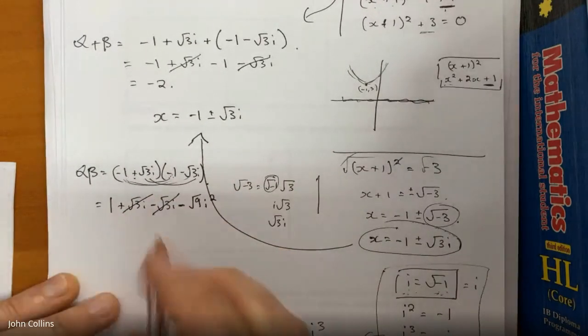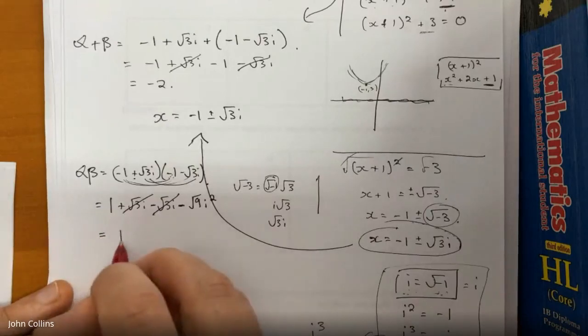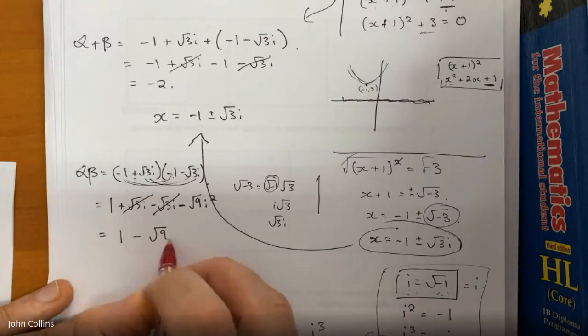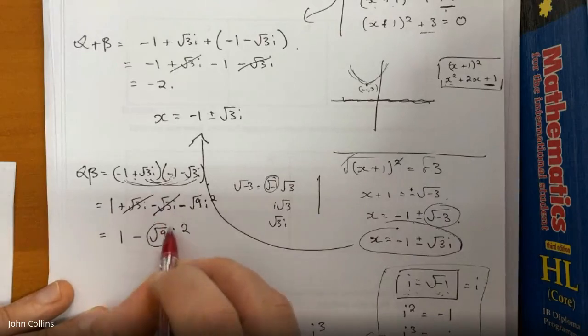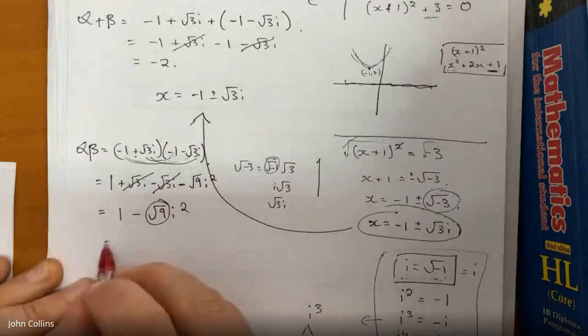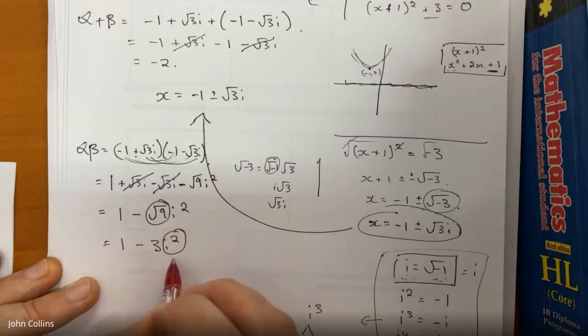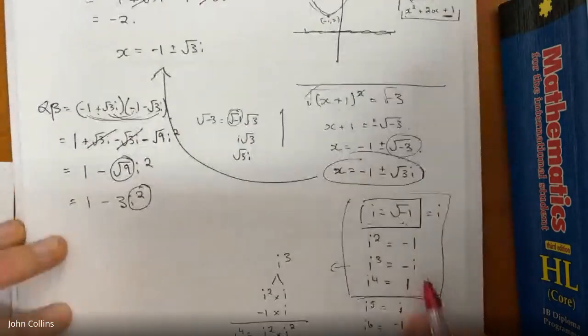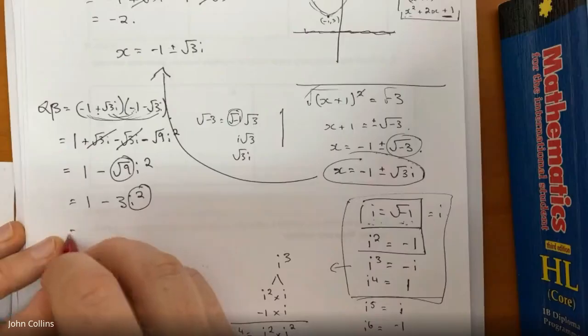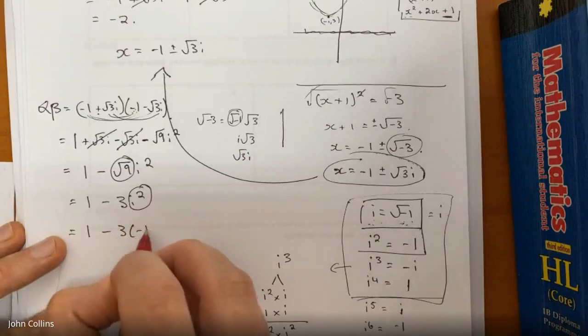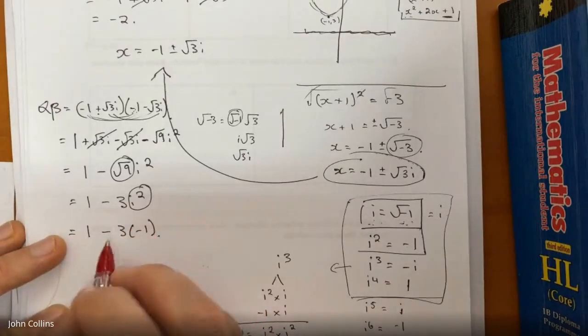Again, sweet. Now we've got 1 minus root 9 i squared. First of all, we know what root 9 is, don't we? That's just 3. 3i squared. We also know what i squared is. Negative 1. So it is 1 minus 3 times minus 1. Minus 3 times minus 1 is plus 3.